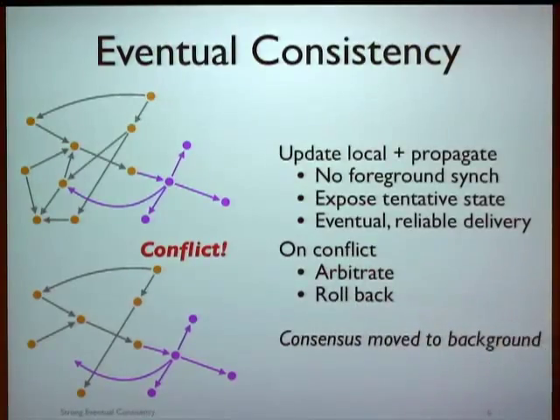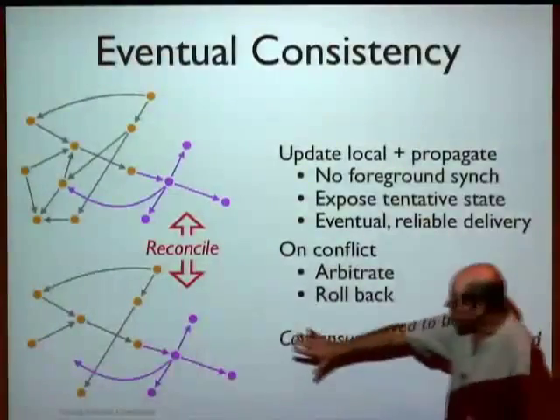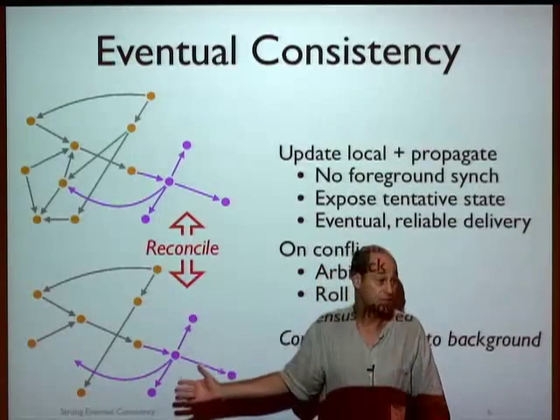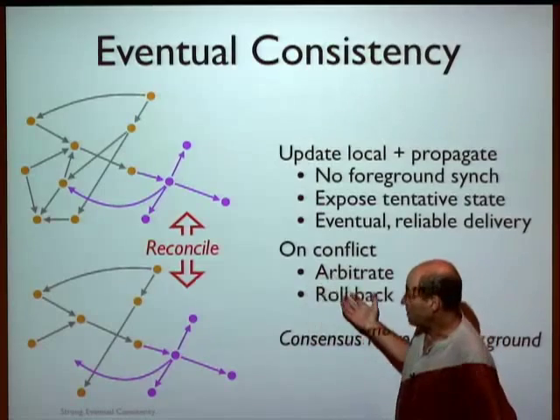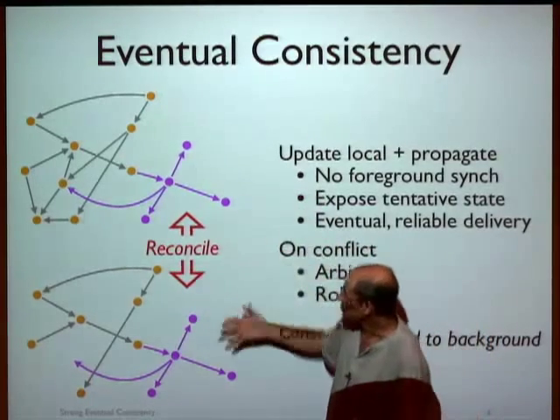Okay, so in eventual consistency, the idea is when you see one of these conflicts, you reconcile. So there's some sort of a global decision about what the outcome is going to be. Obviously, I can't leave the graph like this because it's not a proper graph. So I have to do something. And in this case, there are two things I might do.